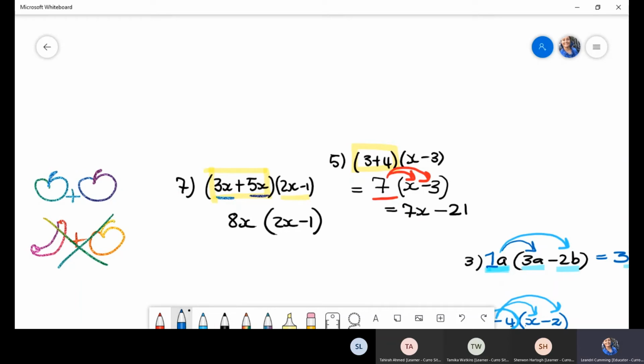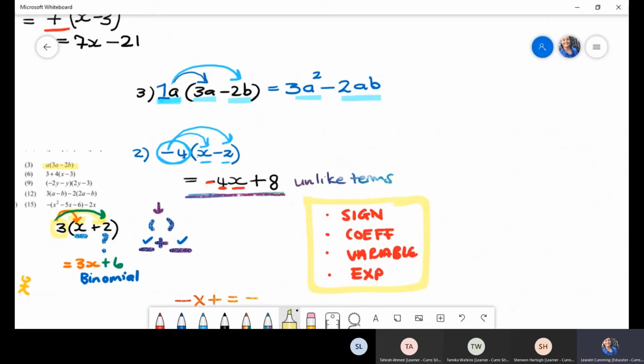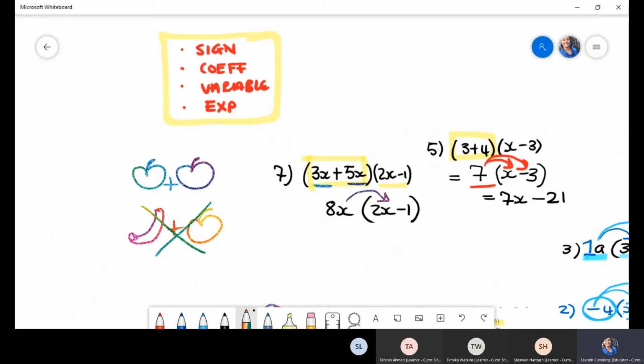Right, let's apply our distributive law. Here we need to watch out though. If we use our checklist that we have here: sign, coefficient, variable, and exponent. Let's quickly just add that in there. We always want to keep that checklist handy because that's your best tool to always check that you're doing the right thing. Copy and paste it, add it in there, use it, work effectively, not forget. Great: sign, coefficient, variable, exponent. Let's go ahead. 8x times 2x. Great, let's do the sign first. My sign is positive. Super.